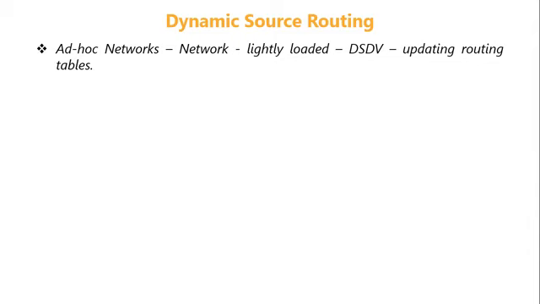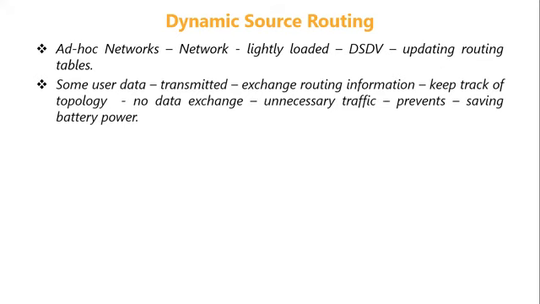So even though there is no data or very little data to be transmitted, the network is always busy with updating the routing tables, and hence the mobile nodes may not be able to save their battery power.